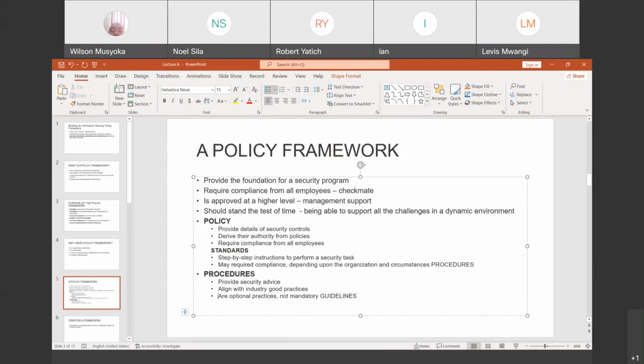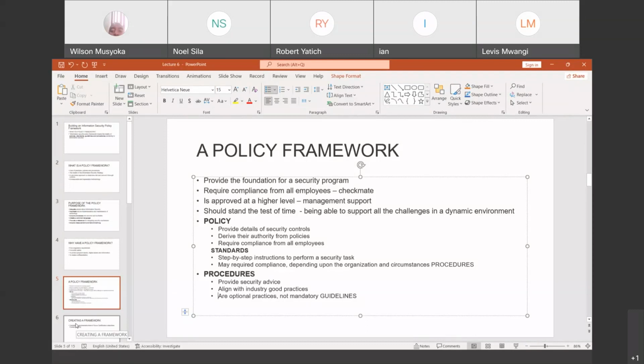Like when you say all devices need to have two-step authentication, that is helping you to adhere to good practices, and they are also optional. They are not mandatory. So standards and procedures, some may be optional, others may be mandatory. But a policy is going to be mandatory.